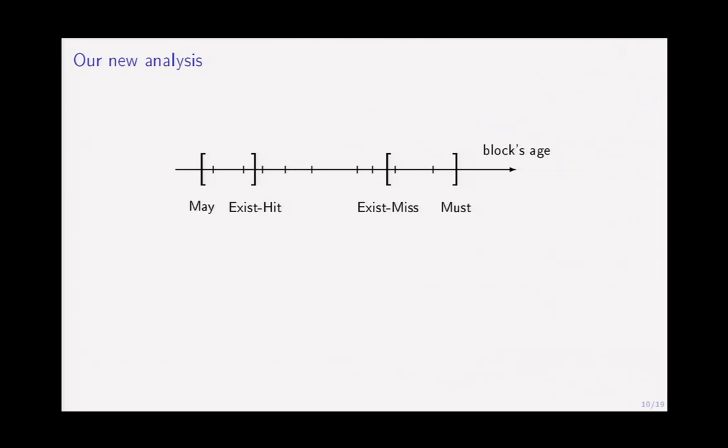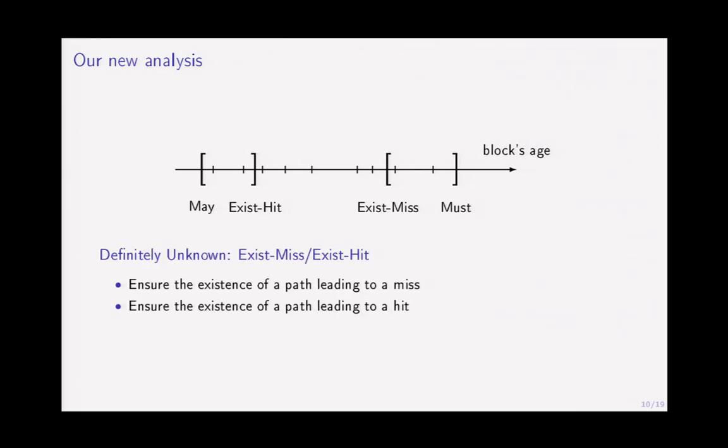And so this gives us bounds that are more precise than the equivalent in the May and must analysis, but they are not valid on every path. And that's not a problem because we only want to ensure the existence of a path leading to a hit and another leading to a miss. For the ones that know about it, it's an example of what are called hyperproperties.